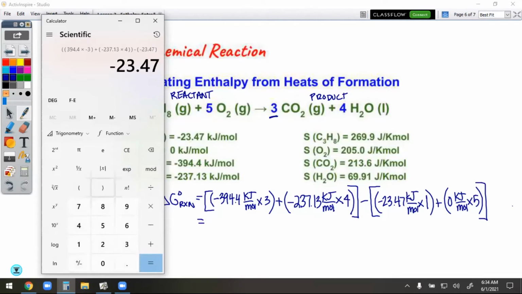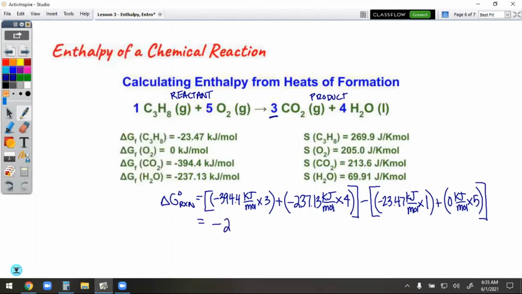We don't have to multiply that by anything because we're multiplying by 1, and the last part is 0. So we get our final answer of negative 2,108. So negative 2,108 kilojoules per mole. That is our answer for delta G.